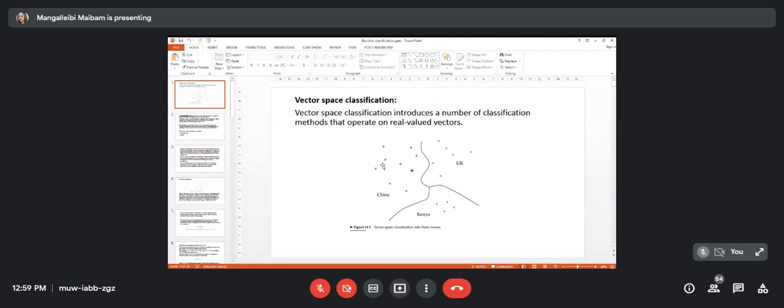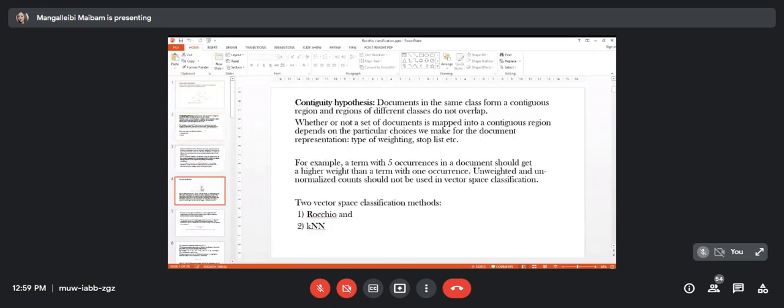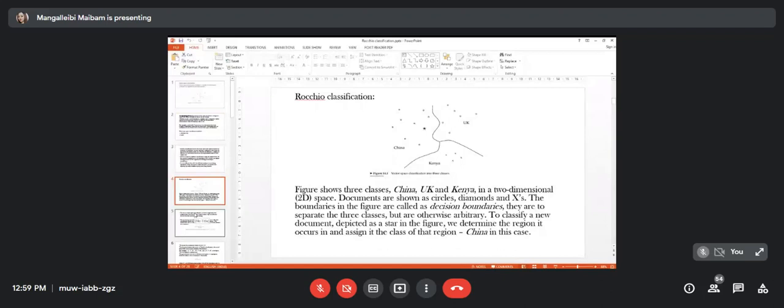You can see here three classes, and the lines drawn here to separate them are known as decision boundaries. We have two types of methods for vector space classification. The first method is Rocchio classification, and the second one is nearest neighbor classification.